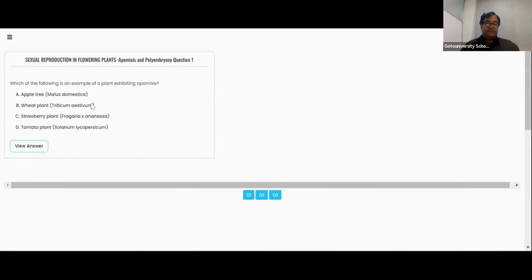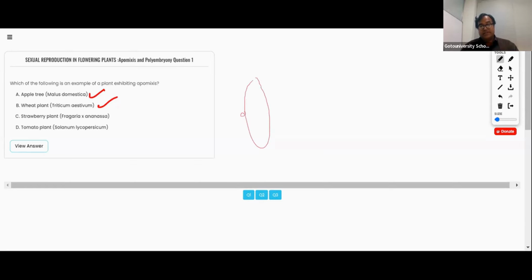When you see the strawberry, how should your mind work? Apple has the seed inside it. Wheat is itself a seed when you take the grains. When you take the strawberry, the seeds are outside the fruit. Can you see this? What does that mean? In the strawberry plant, the ovules are in the ovary wall, not fixed in the center of the ovary.